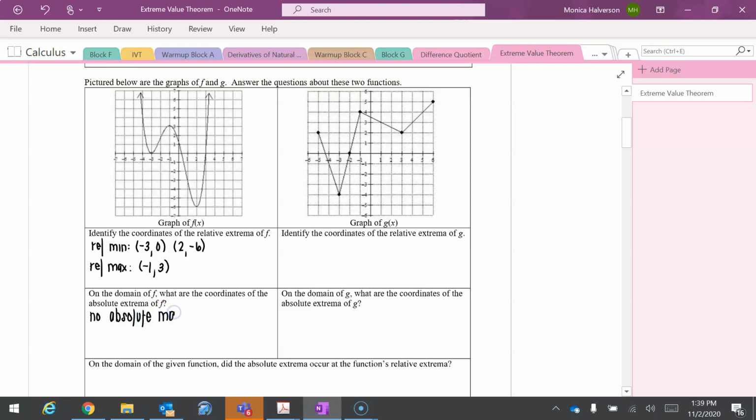But there is an absolute min. Our absolute min is located at (2, -6). And if they asked you for the min value, it would be -6. All right, I'd like you to answer those two questions for the graph of g of x.